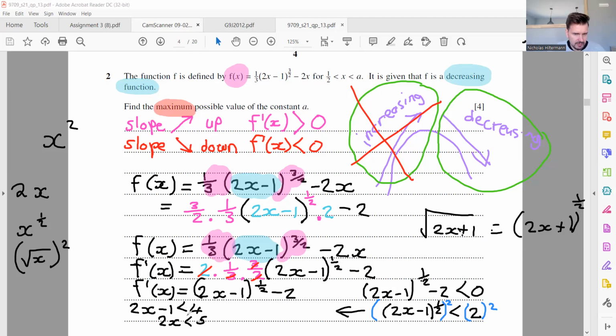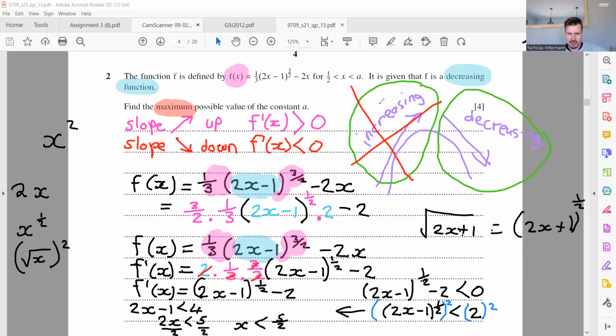Okay. Now, I divide through by 2 to get x by itself. Divide by 2, divide by 2. And so then x is less than 5/2.